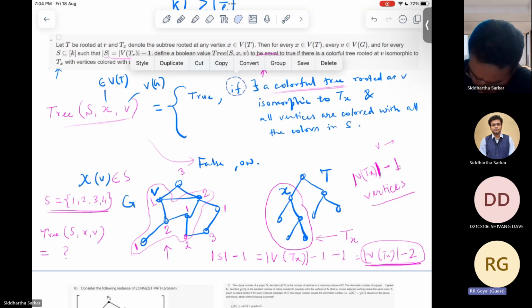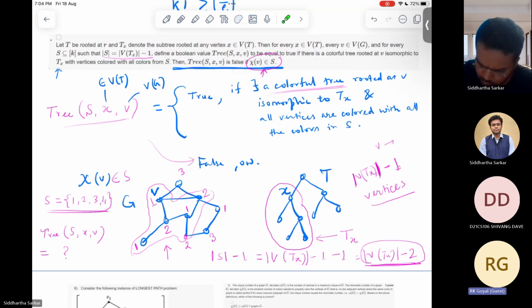So my question is, what actually happens when this chi of V becomes an element of S? And what's the meaning of the term chi of V? Chi of V is the color assigned to the vertex V using the coloring chi. So chi is a function.